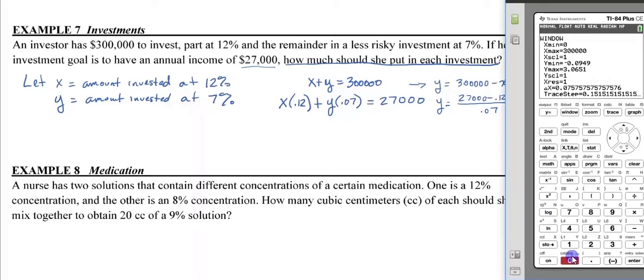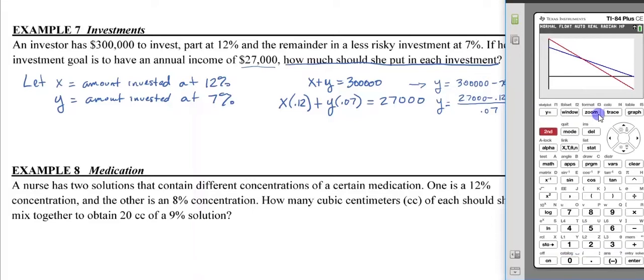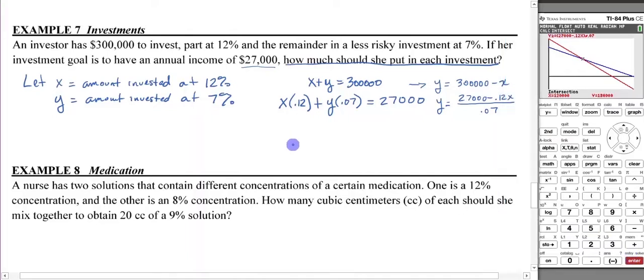We know we wouldn't invest any more than that because we only have 300,000 to invest. But then we can do a zoom fit and we'll see the intersection of those. So second, calculate the intersection, enter, enter, enter.